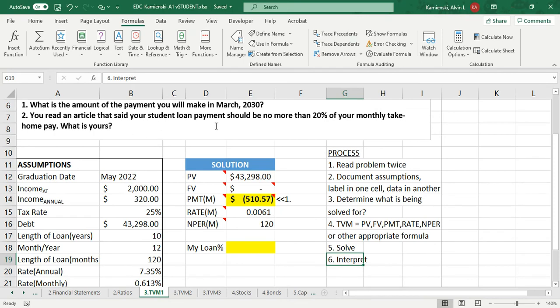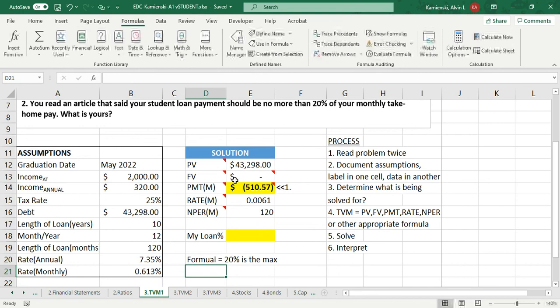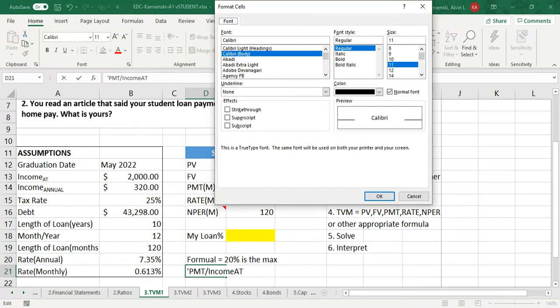Now, you read an article that said your student loan payment should be no more than 20% of your monthly take home pay. So, what is yours? It looks like the formula that is being told to us up here is that your monthly percentage, 20%, is the max you would want this formula to be equal to. You pay $510 per month in a payment, but you're dividing that by your income that you make on an after tax basis.